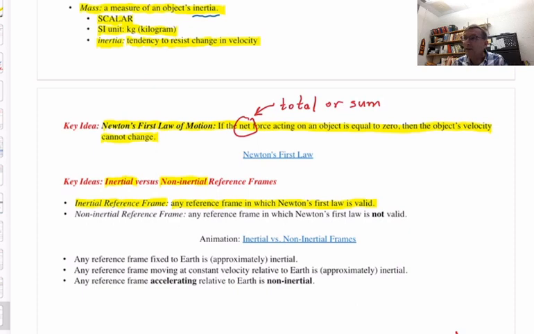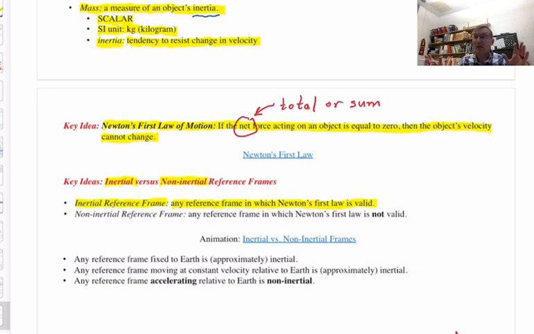In that reference frame in deep space, we observed that when the net force on the box was equal to 0, the box's velocity did not change. So by observation, that reference frame in deep space obeys Newton's first law. Newton's first law is valid. And so by definition, that reference frame is an inertial reference frame.